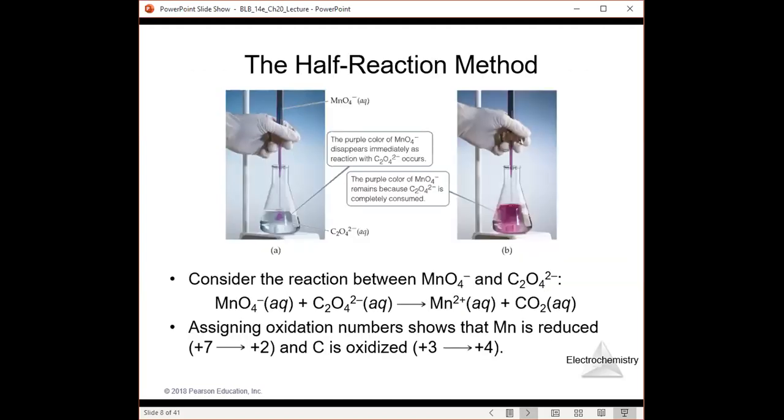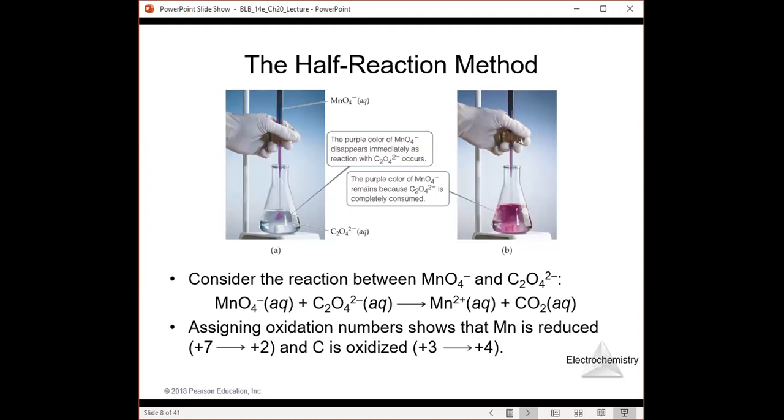So let's talk about this. Now, this is the half reaction. You have permanganate, MnO4-, plus C2O4 2-, and what you get is Mn2+ plus CO2.